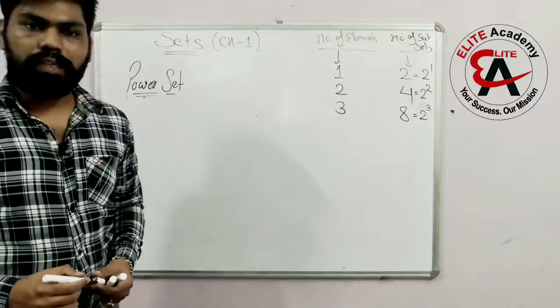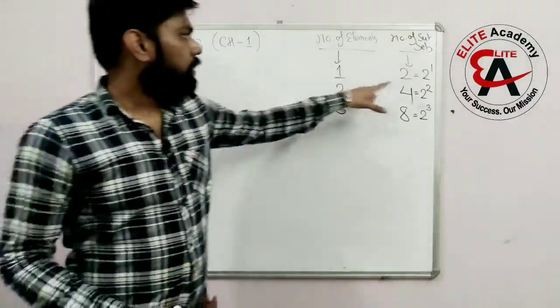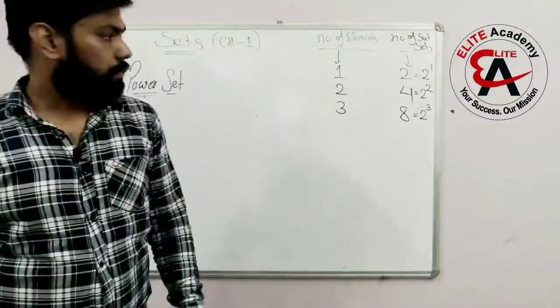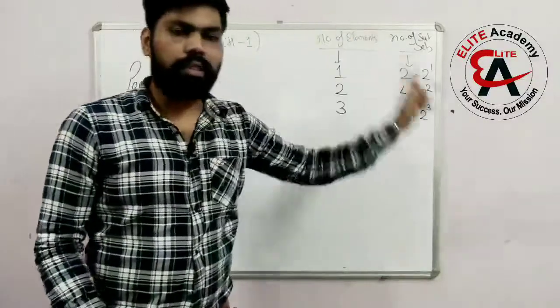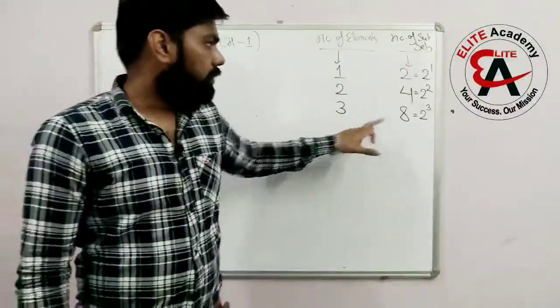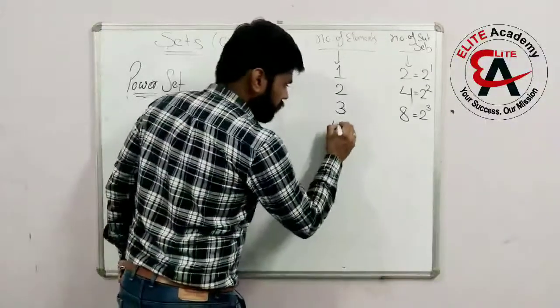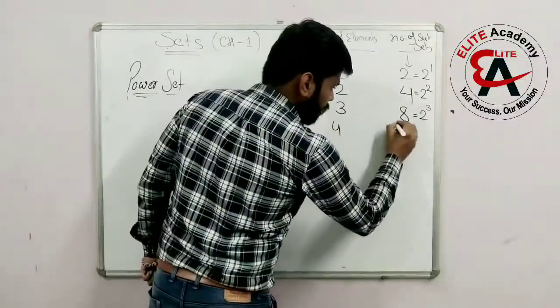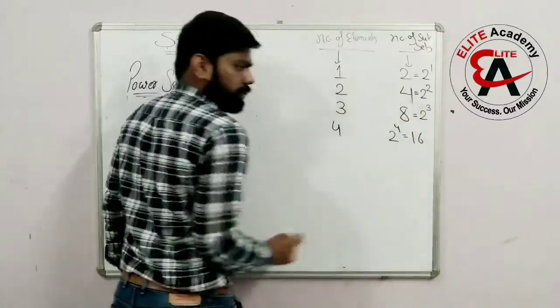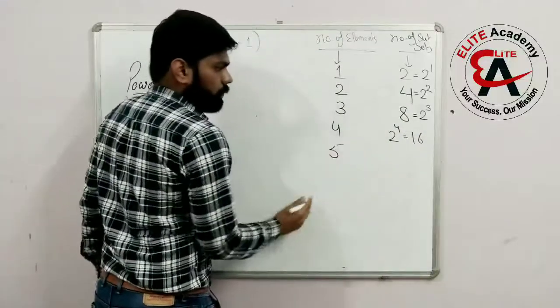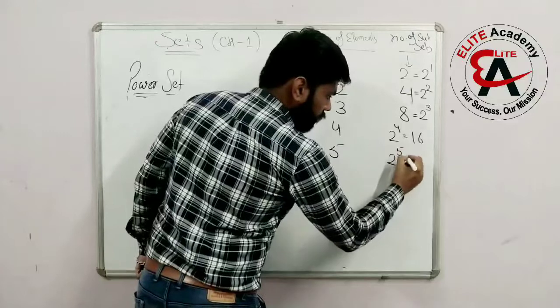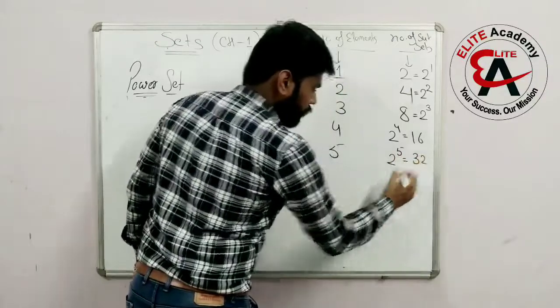That means what is happening? If there is one element, 2 to the power 1 is the number of subsets. If 2 elements, 2 to the power 2 is the number of subsets. If 3, 2 to the power 3 is the number of subsets. If there are 4 elements, the number of subsets will be 2 to the power 4, that is 16. If there are 5 elements, then 2 to the power 5, that is 32.